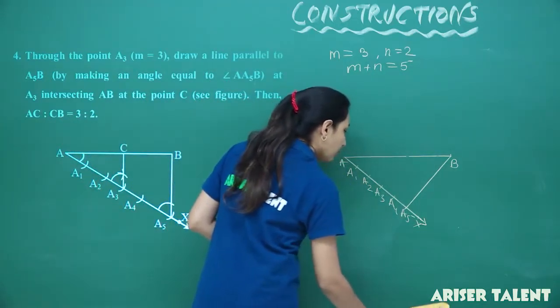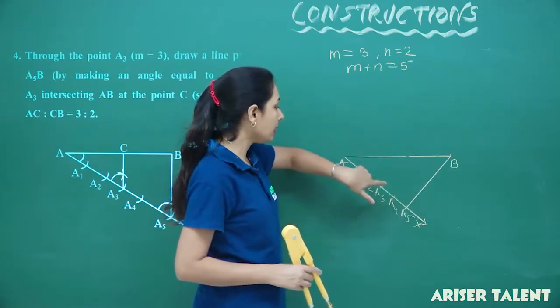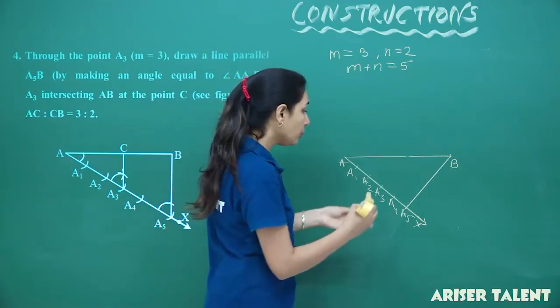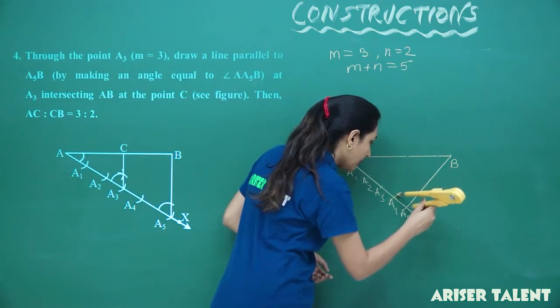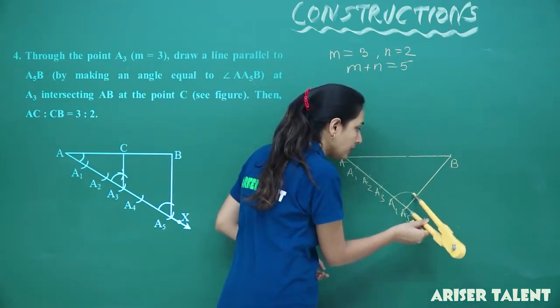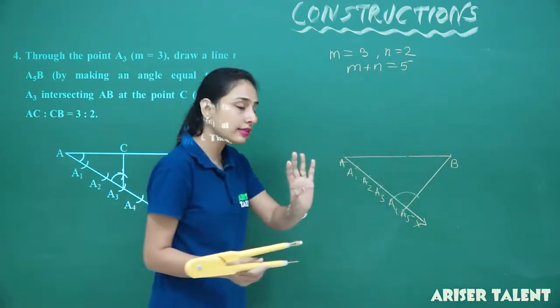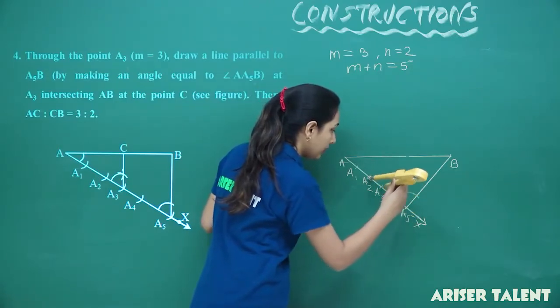Now what is this saying? That you have to make an exact angle A5B on A3. How will you make that? What will you do? You will construct this arc here, so that it can cut A5B. Now you will do the same by putting it on A3.